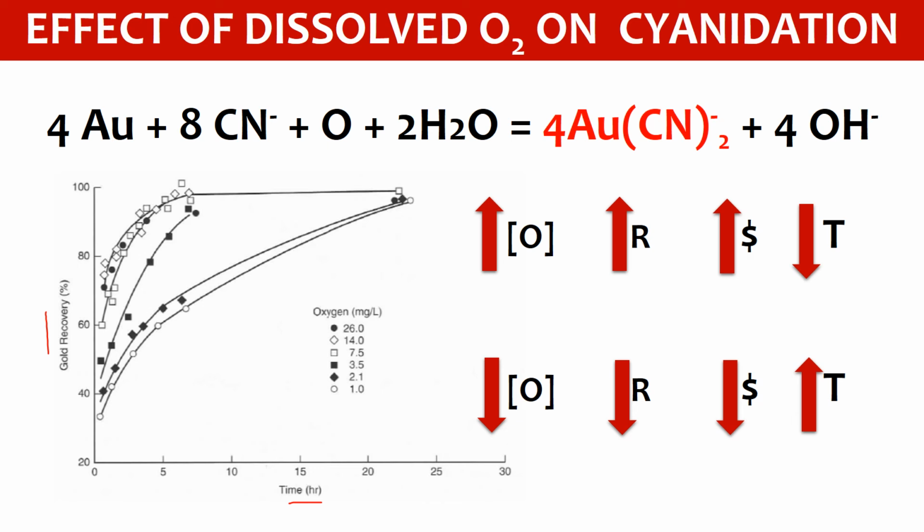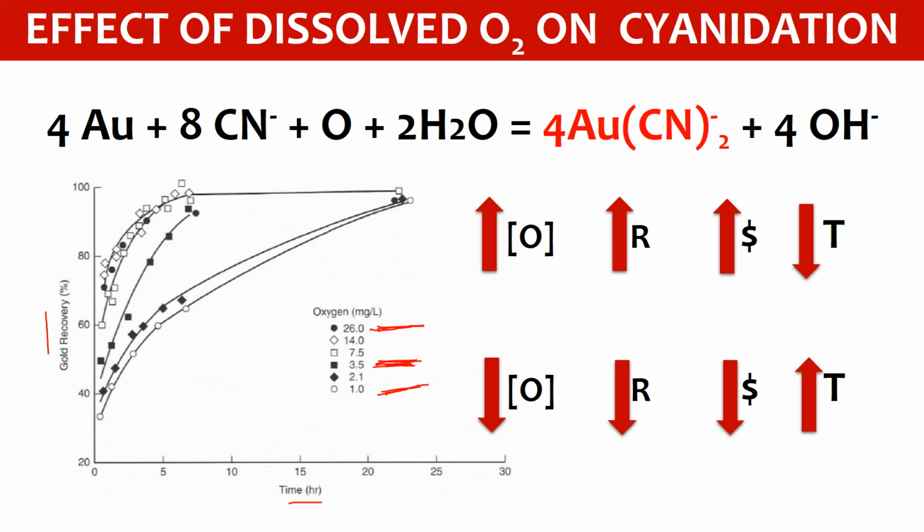Let's look at the blank circle at 1.0, the dark square at 3.5, and then also the dark circle at 26 milligrams per liter as your concentration of dissolved oxygen.